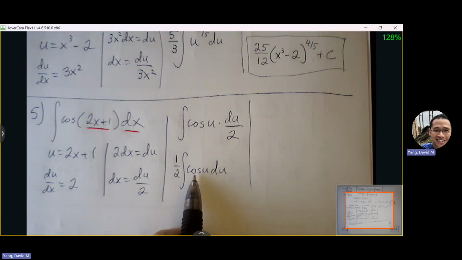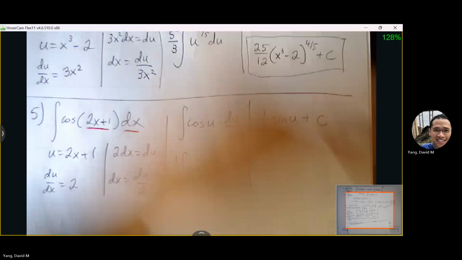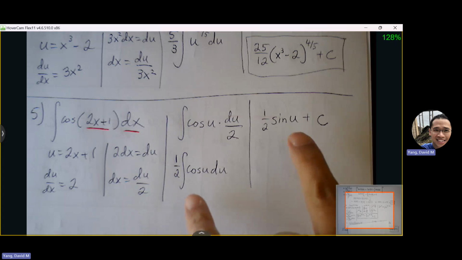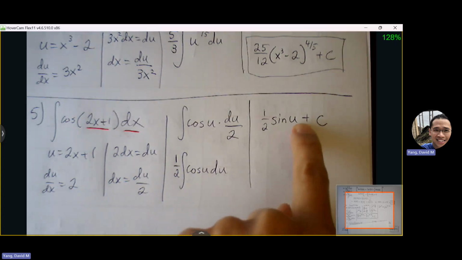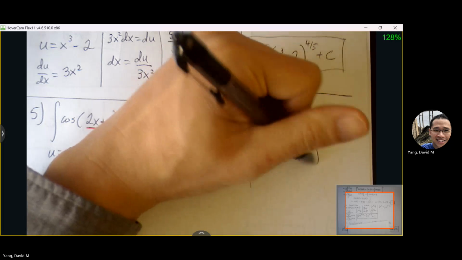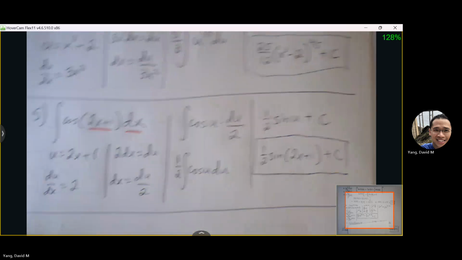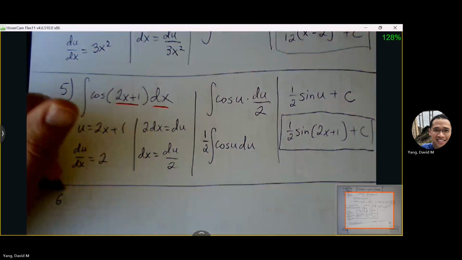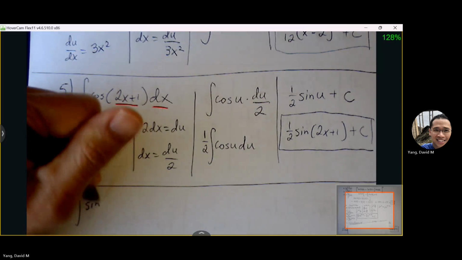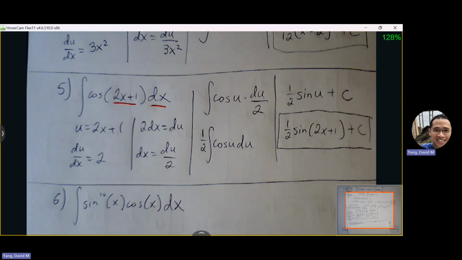We know that the antiderivative of cosine is a positive sine. And then we took the antiderivative, we dropped the integral notation, plus c shows up, and then we can replace the u back in terms of x. Okay, questions with 5?